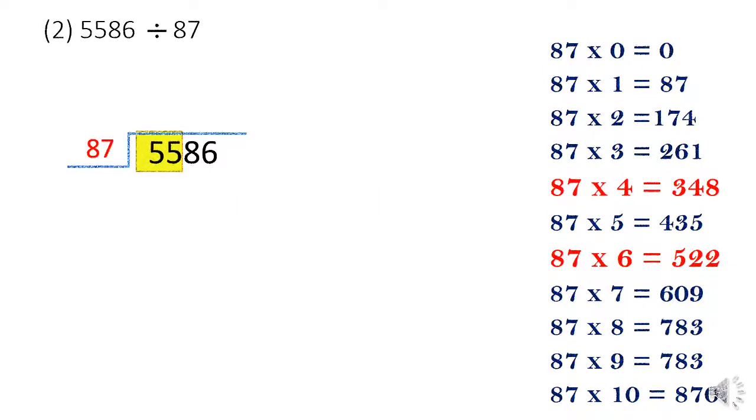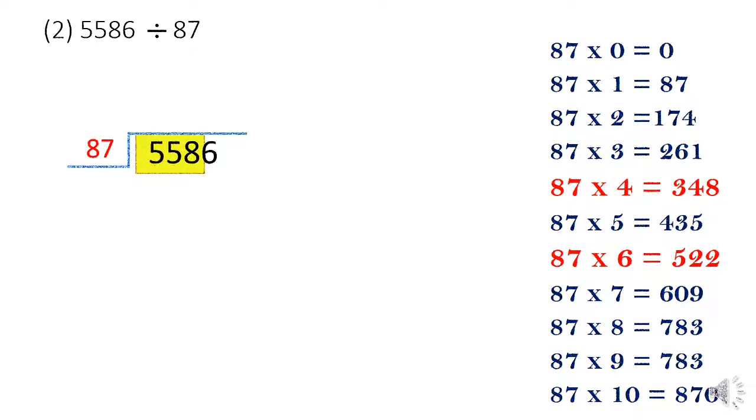Again, 55 is smaller than 87. So we consider the three digits in the division, that is 558. Now we can divide 558 by 87 as 558 is greater than 87.